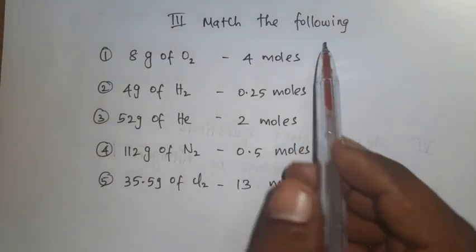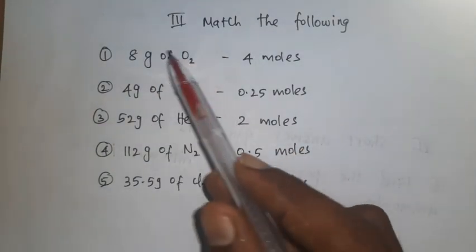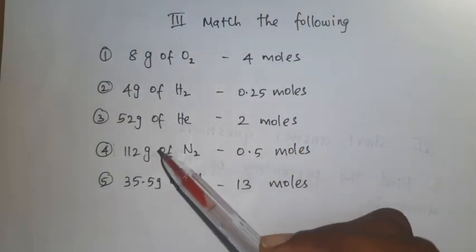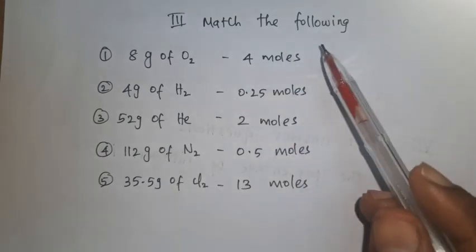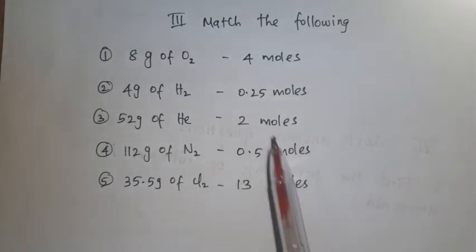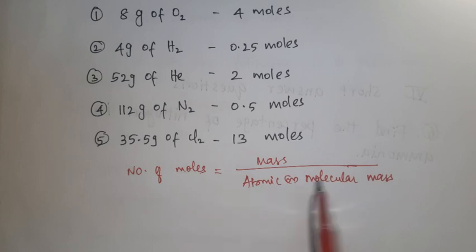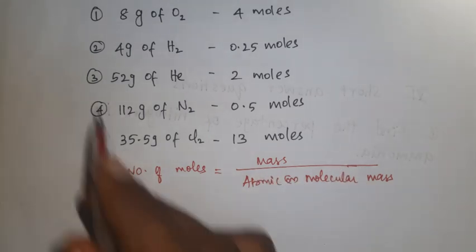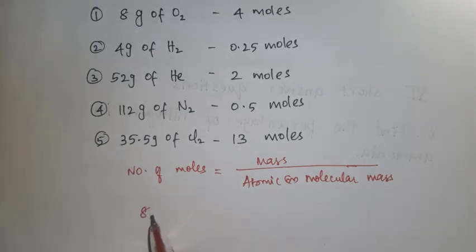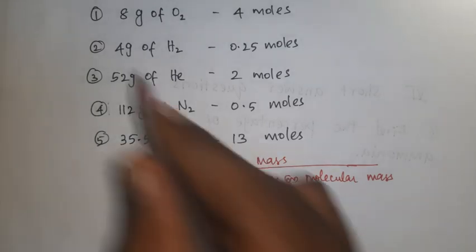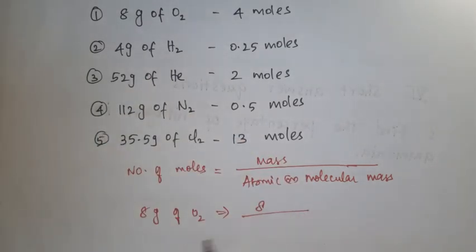Match the following. A given amount of substance is given; we have to match the number of moles correctly. For this, the general equation is number of moles is equal to given mass by atomic or molecular mass. For the first one, 8 gram of O2. Mass is 8, molecular mass of oxygen is 32.